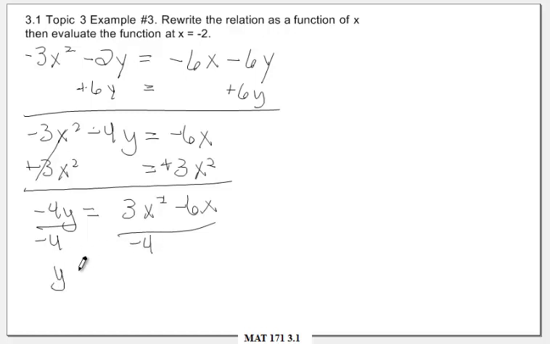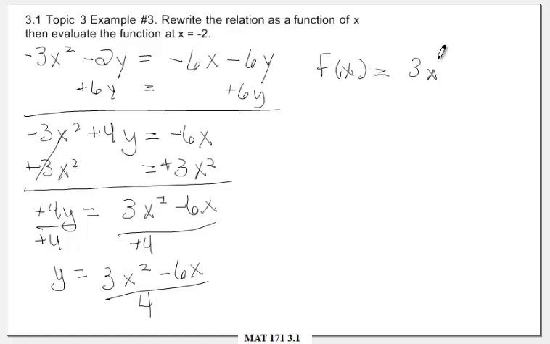And we'll have y equals, that is not a negative 4, that's a positive 4. Sorry about that. So we're dividing by 4. So we will end up with 3x squared minus 6x divided by 4. Write that as a function, so that's f of x is equal to 3x squared minus 6x all over 4.